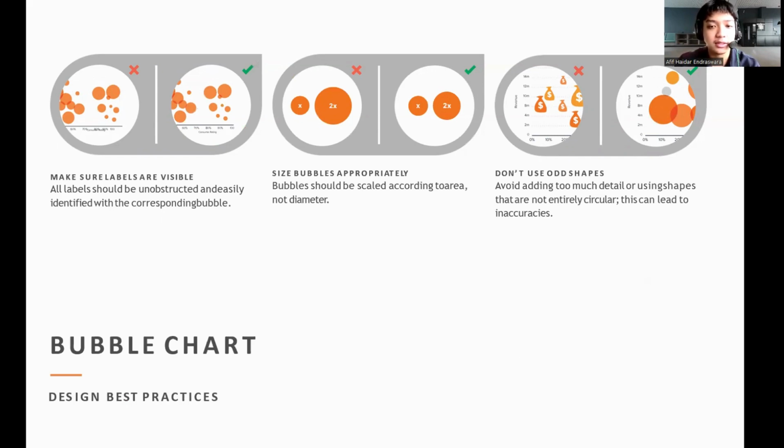For example, in this case, if the multiplication is 2 times, make the circle 2 times larger. Don't make it even larger. And then don't use odd shapes. Just use a bubble, for example a circle, that lets readers see clearly the results of the data.